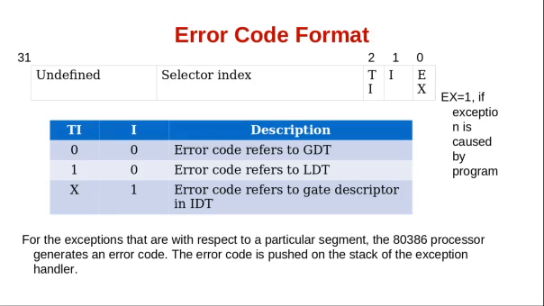So based on the values of TI and I, it accesses the particular procedure or handler, and the code is executed from memory, but the code may be pointed to through the IDT, LDT or GDT. The next part is the selector index, which contains the start address of the particular segment, and the remaining bits are undefined. So that is the general format of the error code.